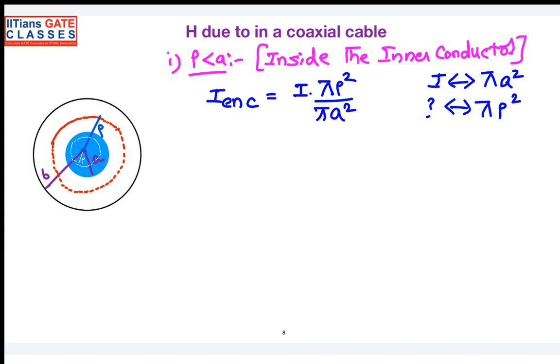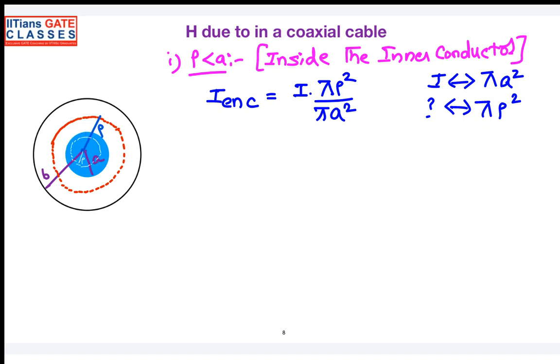Correct? Understood, everyone? Since I am covering a small loop area, the amount of current is also proportional to the area. So it is the original current carried by the inner conductor into the area of this loop divided by the area of the inner conductor.